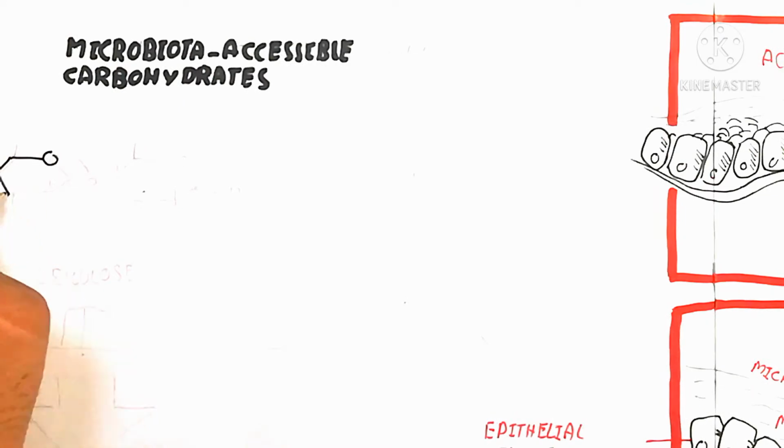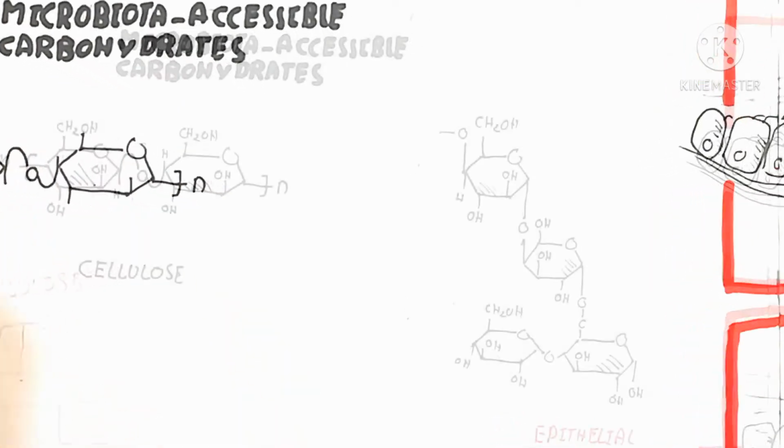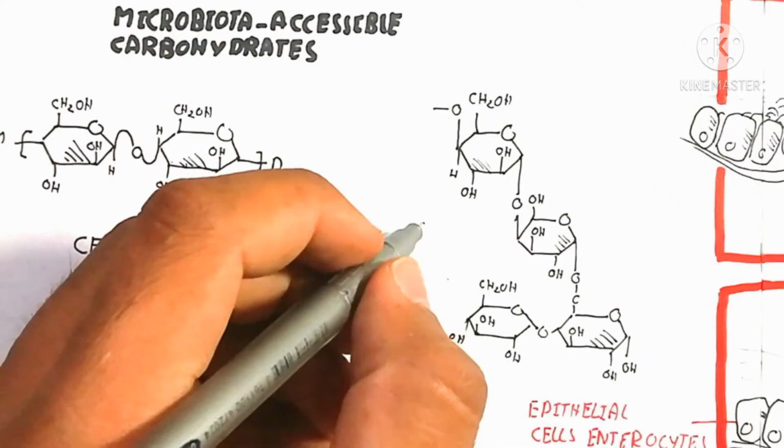So here we will discuss the microbiota accessibility of carbohydrates. For example, the accessible carbohydrates are those undigestible in our gut, which go into the large intestine, and this type includes fructooligosaccharides, cellulose, and resistant starch.